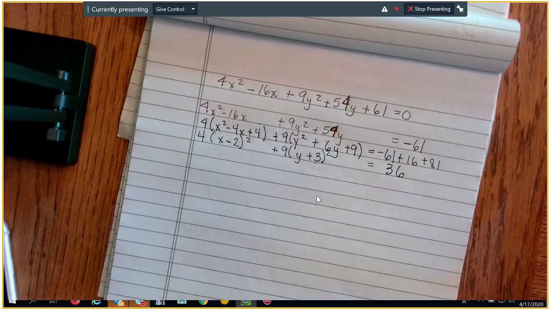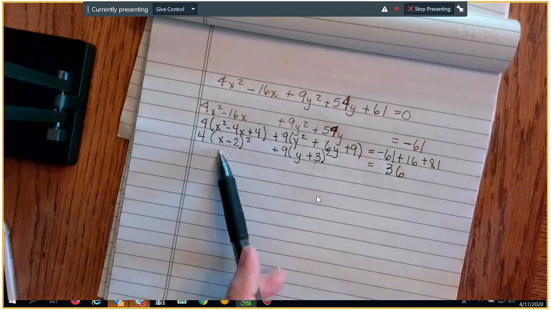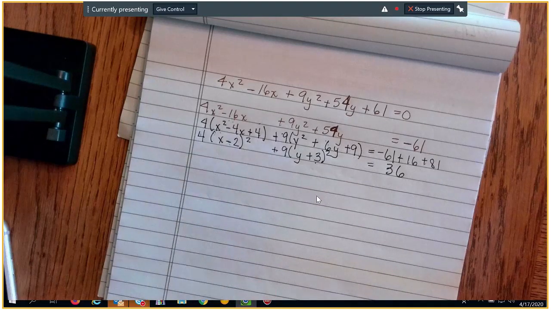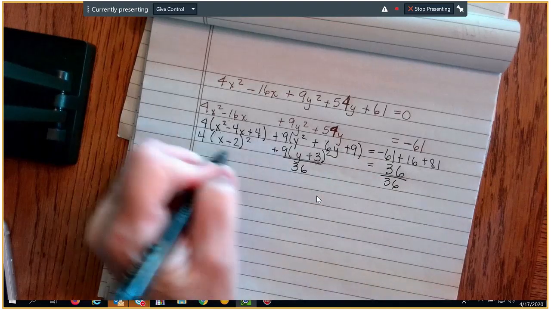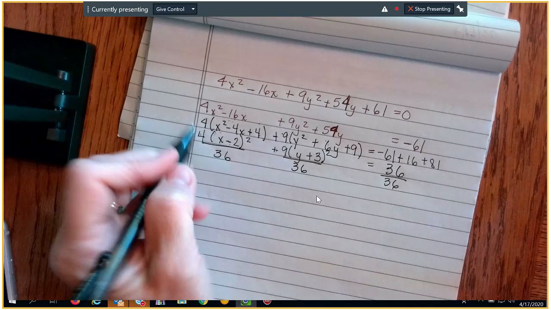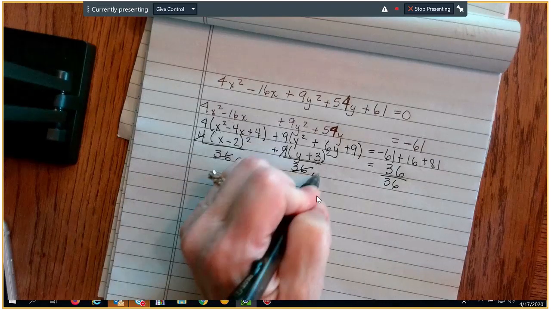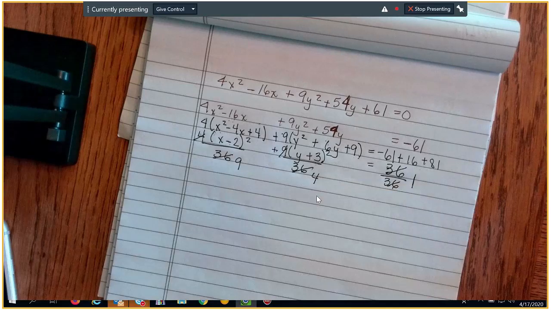Now, those who were not here the other day, our equation always has to equal 1. And so that's how we end up getting our denominators over here. So if I divide everything by 36, then 4 is going to go into 36 9 times, 9 goes into 36 4 times, and 36 goes into 36 1 time.